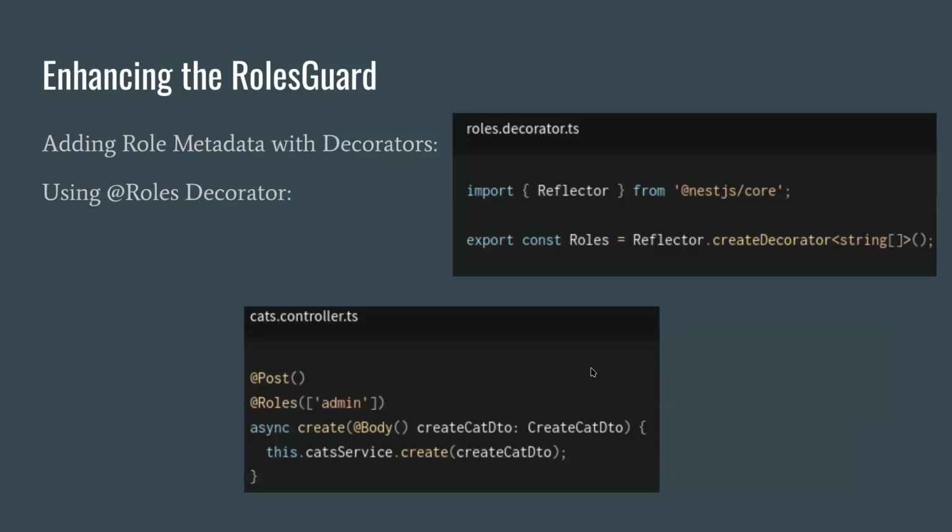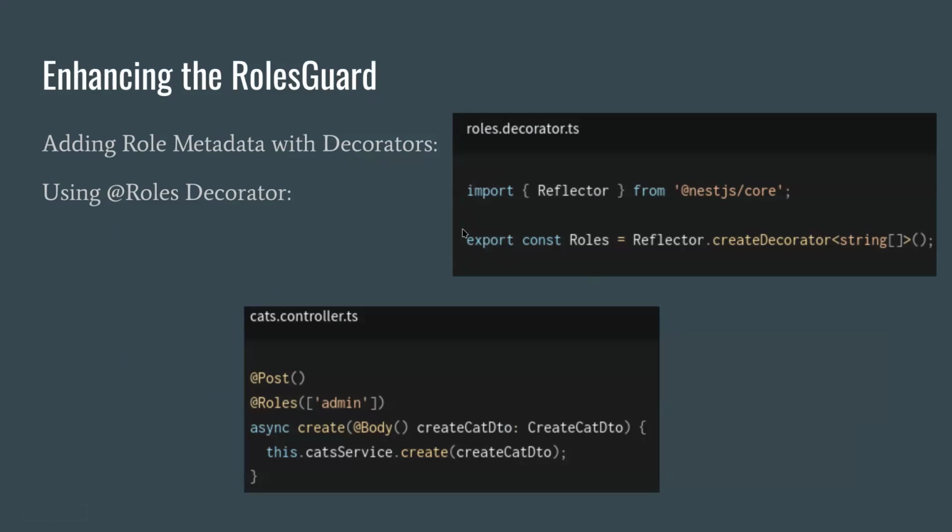Enhancing the roles guard. In order to make our roles guard more intelligent, you can consider the roles required by each route and the roles of the current user. This is where custom metadata comes into play.